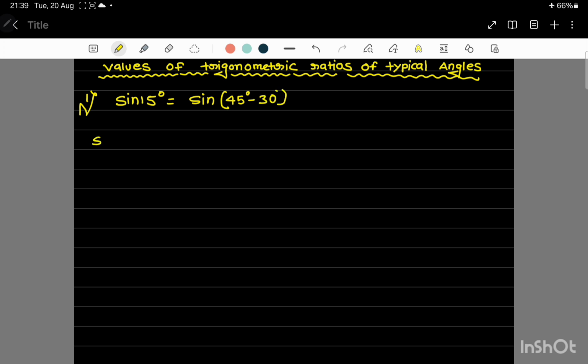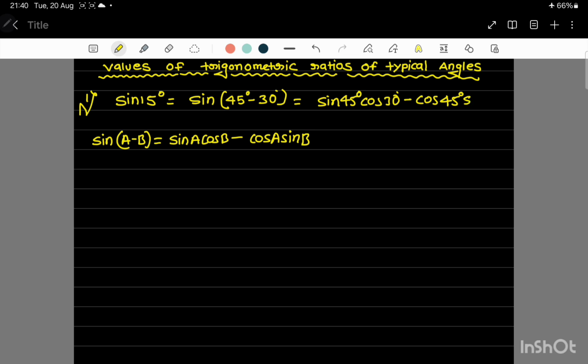So we know the formula of sine A minus B. Sine A minus B is equal to sine A cos B minus cos A sine B. So sine 45 degree minus 30 degree is equal to sine 45 degree into cos 30 degree minus cos 45 degree into sine 30 degree.